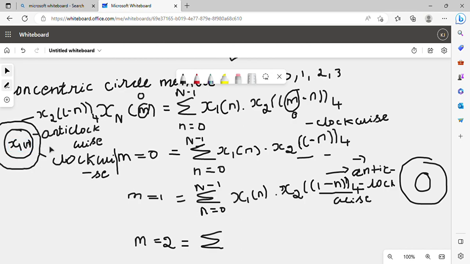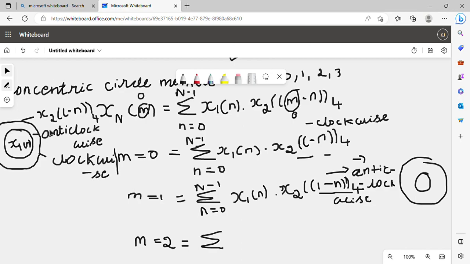So whatever your x1 of 0, x1 of 1, x1 of 2 and x1 of 3, and whatever your x2 of 0, x2 of 1, x2 of 2 and x2 of 3 is given to you, that is what you are going to substitute. That's it, nothing else. All that I have written from here till this is the same.